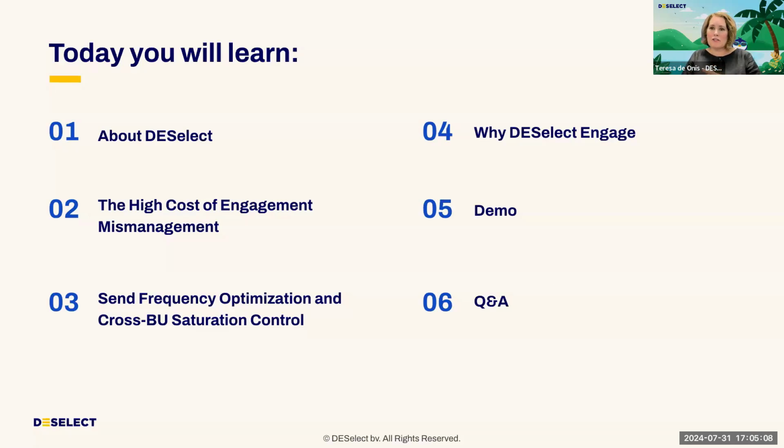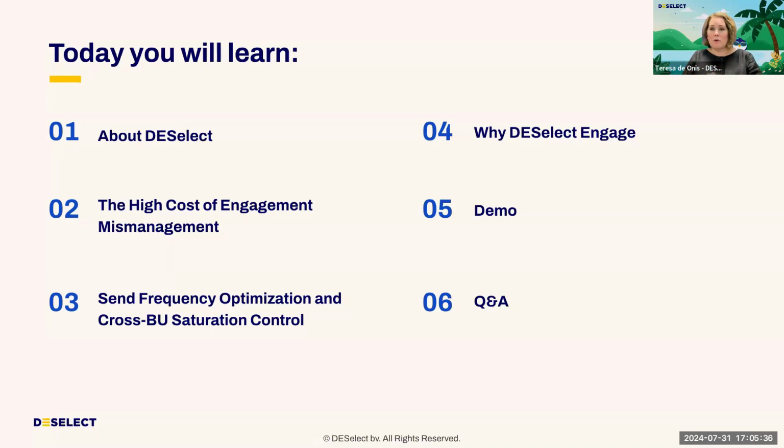We're going to talk about customer engagement and what the cost is if it's not done well or if it's mismanaged. And I'm sure you guys have a lot of pain around that. Then we'll talk about send frequency optimization and cross BU saturation control and how these terms are sometimes used interchangeably, but they're not really synonymous. So we'll talk about the differences and how they work in DESelect Engage.